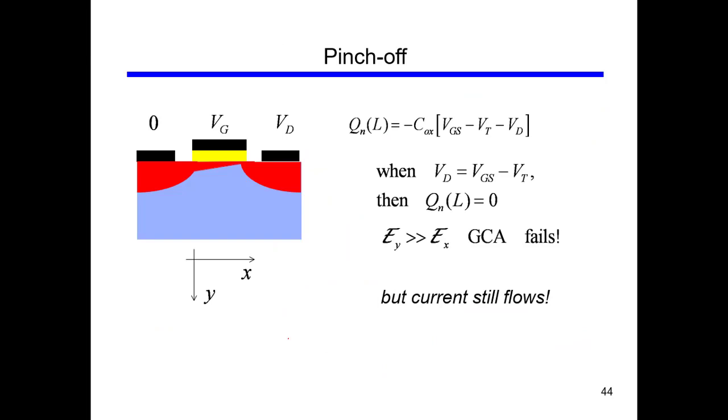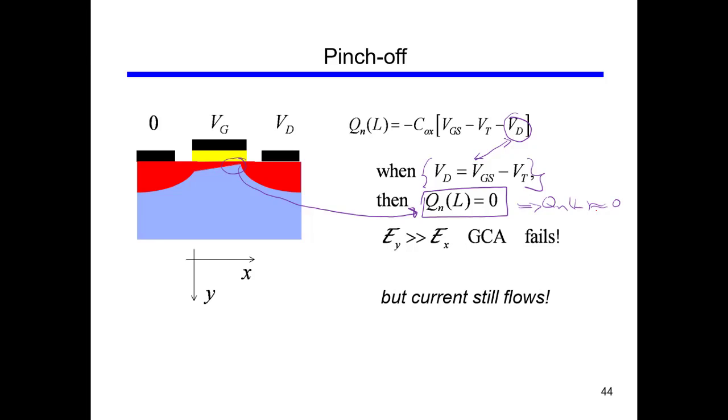So again, it is shown in the slide. What I was saying is that remember this was the condition for pinch off, and by this we mean that when this is equal to this, the charge in the channel becomes zero. However, as we discussed, at the pinch off point the charge is not exactly zero, but in reality it is very, very close to zero.